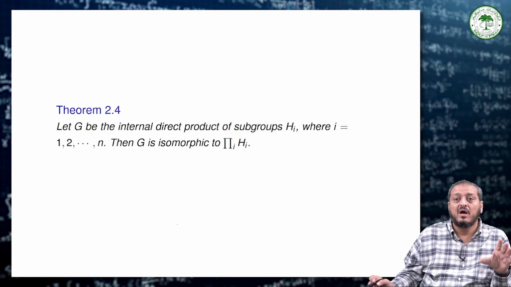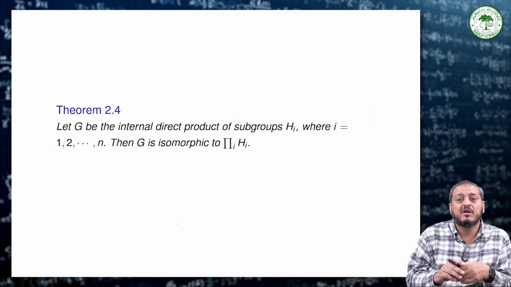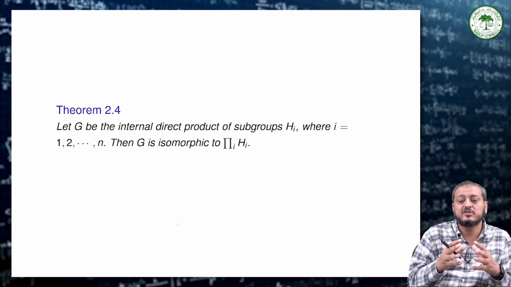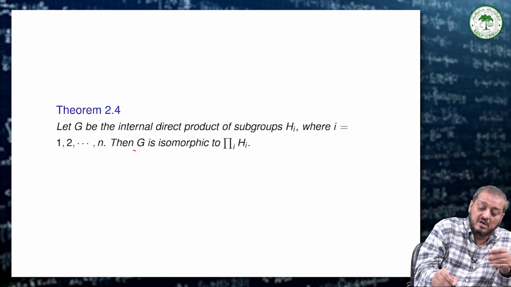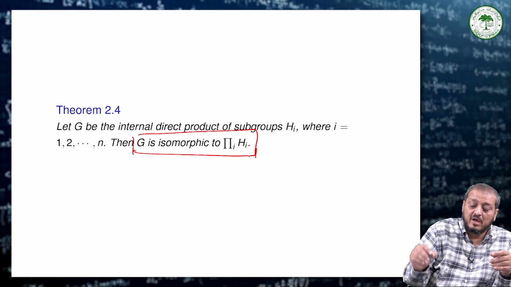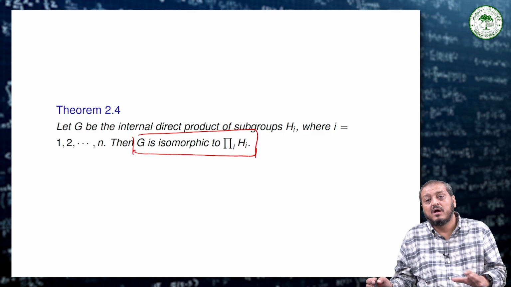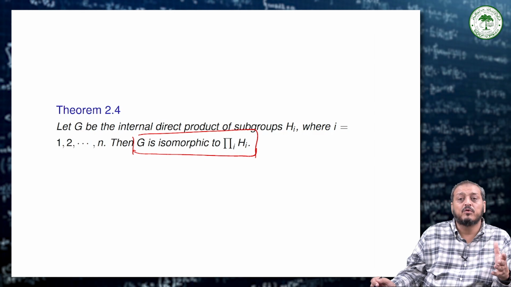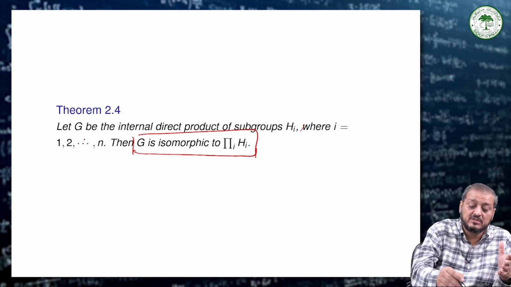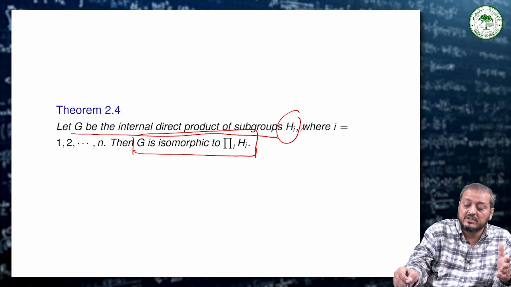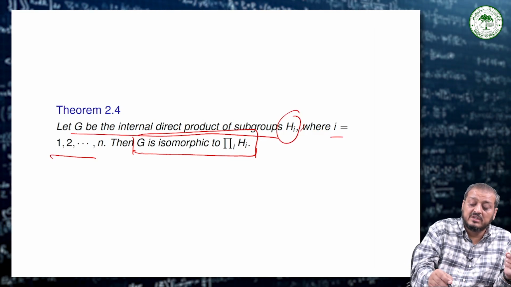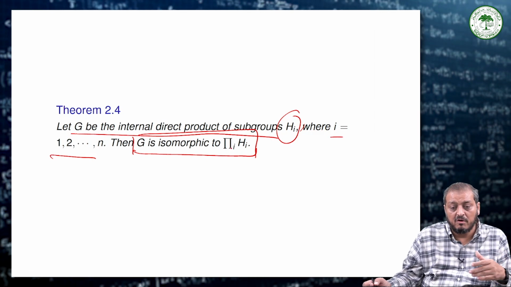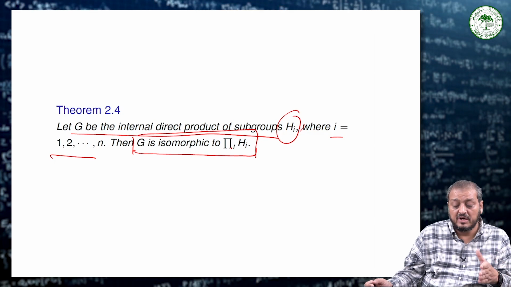Instead of taking two subgroups, we can take a finite number of subgroups. If G is the internal direct product of a finite number of subgroups, then G is isomorphic to the direct product of all of those subgroups. So we can extend this theorem to the case of a finite number of subgroups: if G is the internal direct product of the subgroups Hi, where i runs from 1 to n, then G is isomorphic to the direct product of Hi for i running from 1 to n.